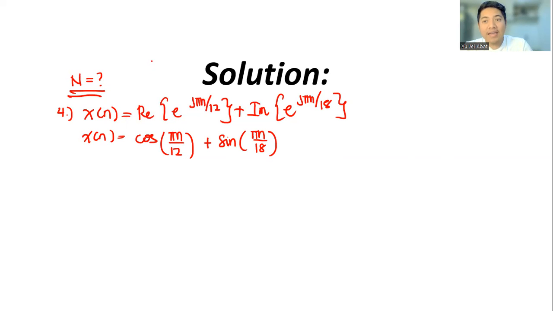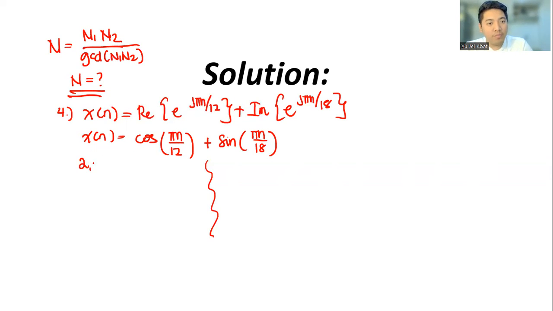So to find the fundamental period of these two added signals, we're going to use the formula n equals n sub 1, where n sub 1 is the period of the first signal, multiplied by n sub 2, the period of the second signal, all over the GCD of n sub 1 and n sub 2, greatest common divisor. So first, I'm going to get the period of the cosine part.